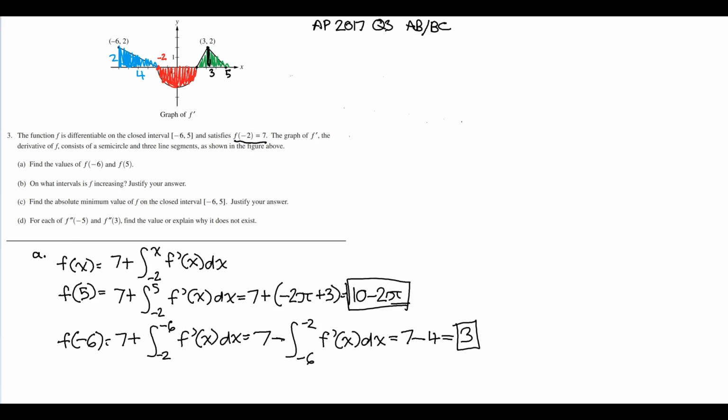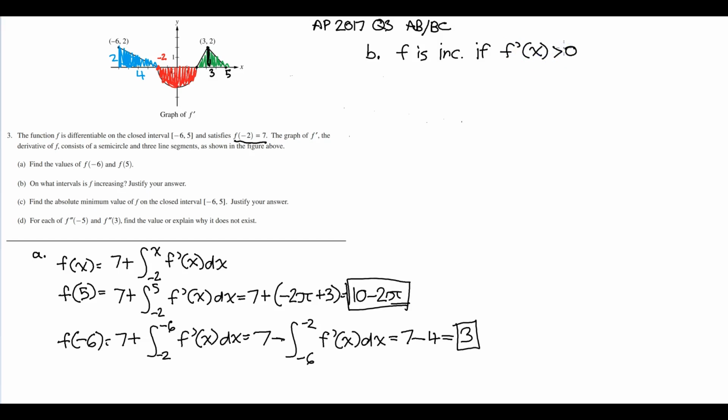So on what intervals is f increasing? How would you know if f is increasing or decreasing with respect to derivatives of f? f is increasing if f prime of x is greater than 0 on the interval.